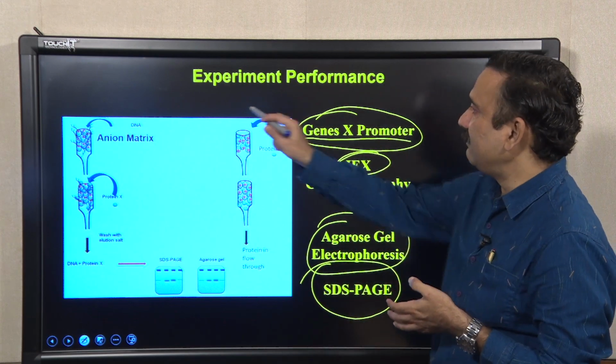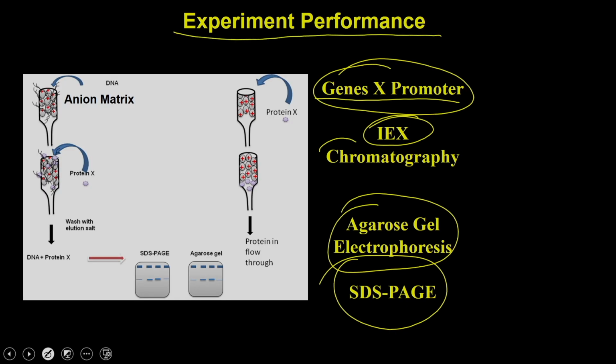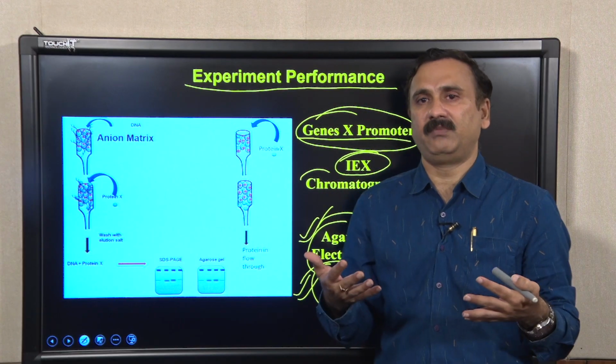And as you can see, even when we are doing the ion exchange chromatography, you still require other techniques like SDS-PAGE as well as agarose gel electrophoresis to complement your experiments. So, as I said, no single technique is on its own; it requires the assistance of other techniques to complete the experiments.